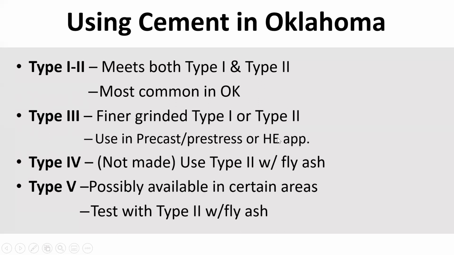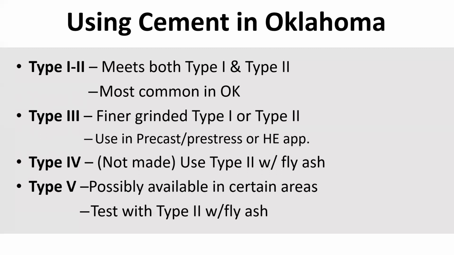You may see it every once in a while on high-rise buildings, but they don't do a lot of those, so not normally in Oklahoma. You see it in other places in the United States that have more type 3 cement.